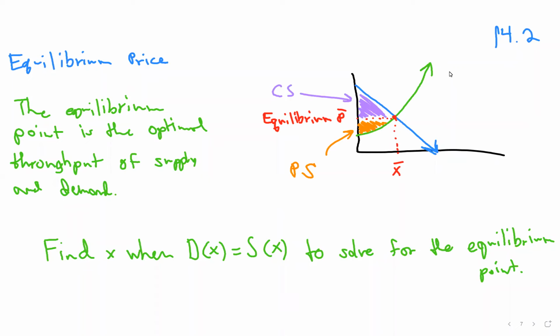And so if you take those two, you set them equal to each other, then you'll be able to solve for what the X values would make them equal. And that would give you the equilibrium point. And so you should be able to find a point where your demand and your supply are going to even out, and you would have a maximum throughput of your supply and your demand at that point.